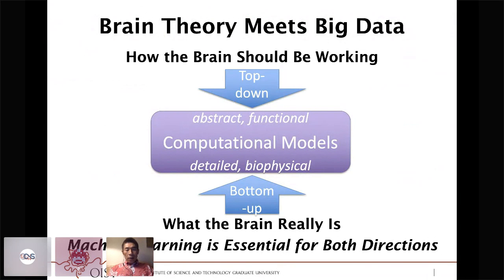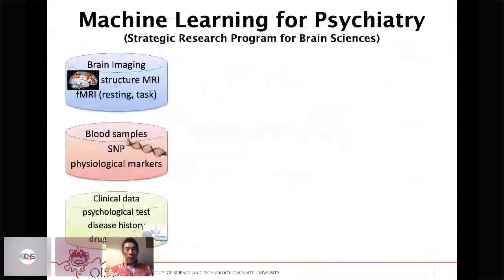For example, several years ago, we did a project applying machine learning to psychiatry under the Strategic Research Program for Brain Sciences in Japan. My collaborators at the psychiatry department obtained lots of data from functional MRI and blood markers, including genotypes, and also many clinical data.